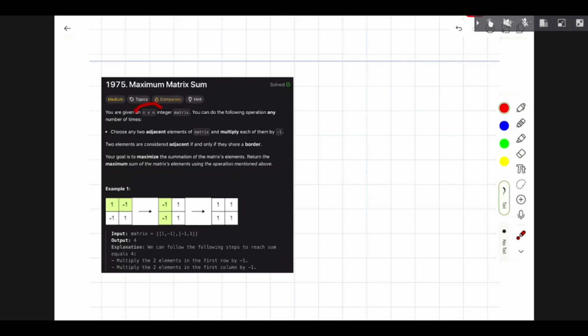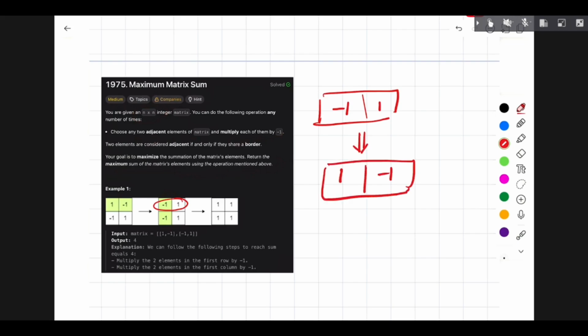And then, we choose any two adjacent elements of the matrix and multiply each of them by -1. So what is possible is that we can take any two adjacent elements, like let's say I take these two, which are -1 and 1. After multiplying by -1, I'll get 1 and -1.